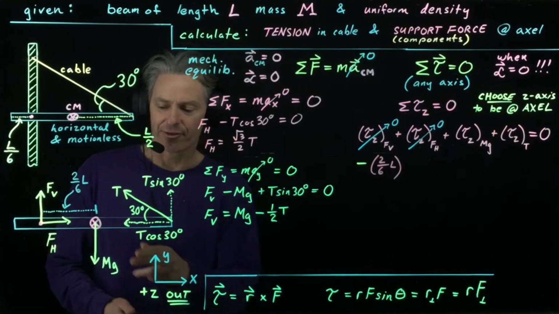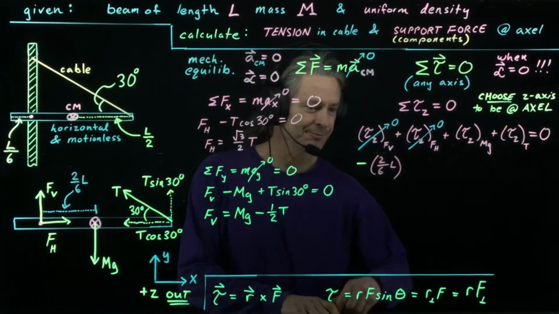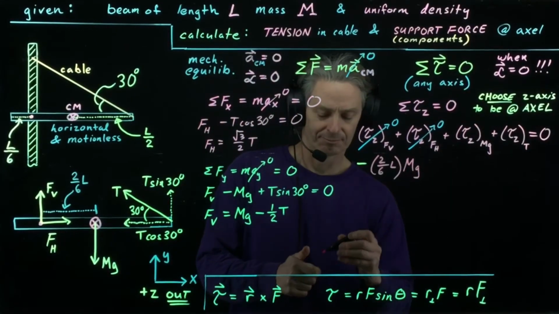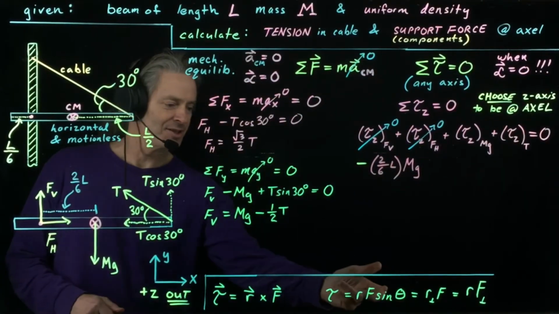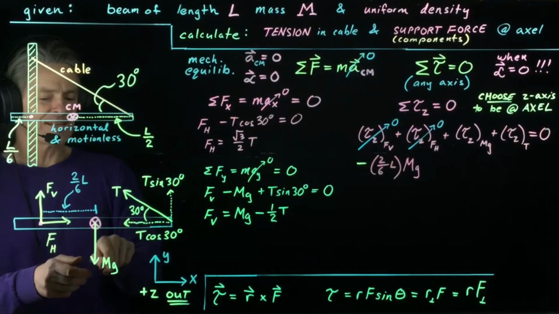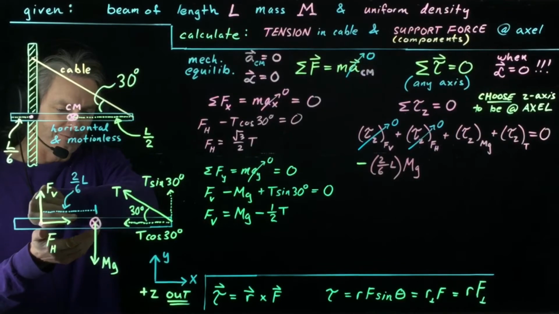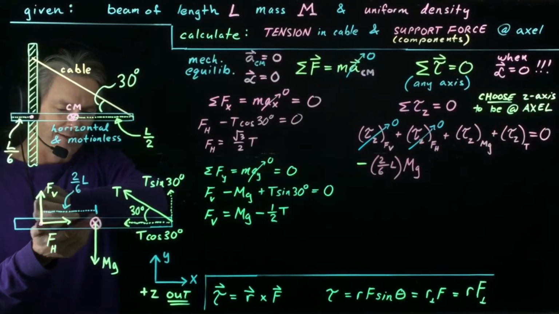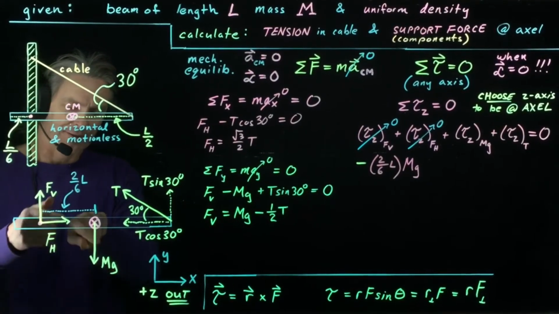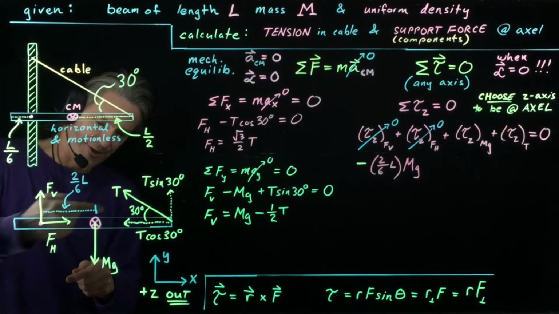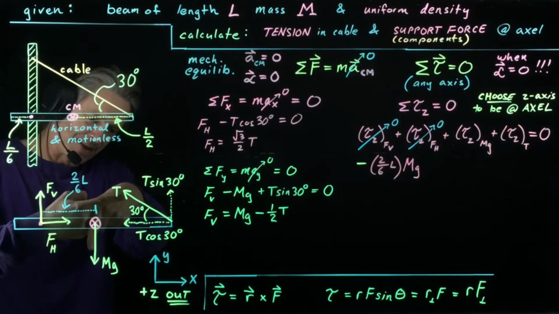Now I need my F. That's mg. And then I need this sine theta. Theta is the angle between r, so between this direction and this direction. Let's put those together. This direction and this direction, there's a 90-degree angle between them.